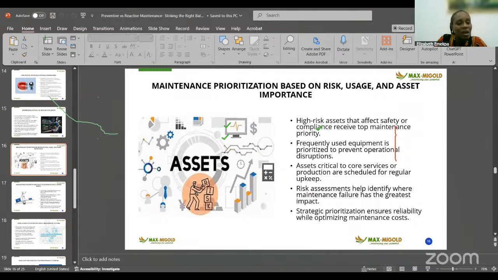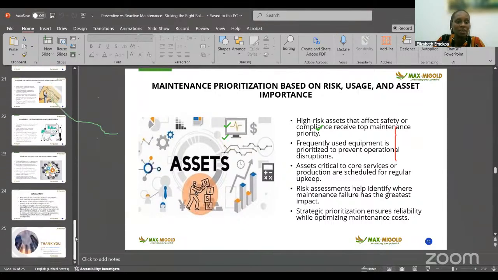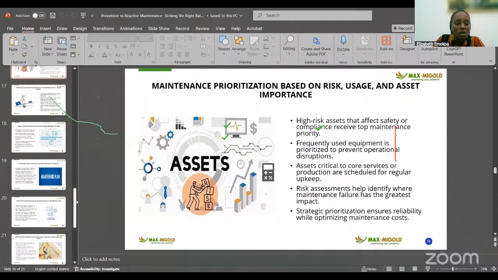Everything in your facility, down to your building, has a risk. Do you understand? If you don't think ahead of the risk associated with such assets, then you are running to fail.